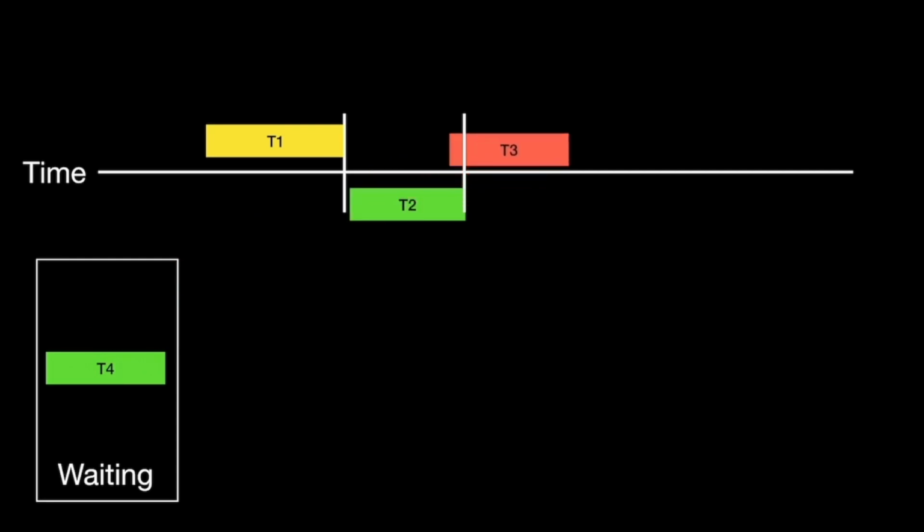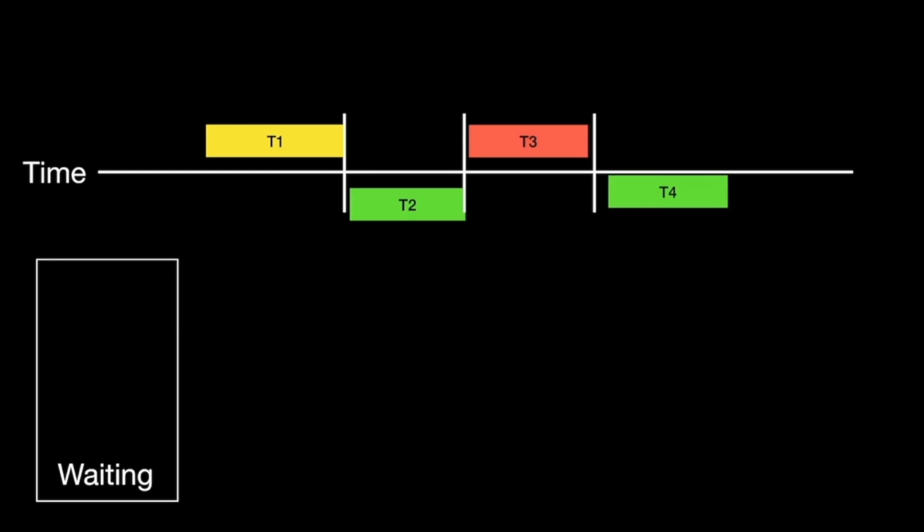T1 is the first transaction running on the database, and T2, T3 and T4 have to wait till the transaction T1 is committed. T2 will start execution when T1 is committed, and similarly T3 will execute when T2 is committed, and T4 will start execution when the transaction T3 is committed.